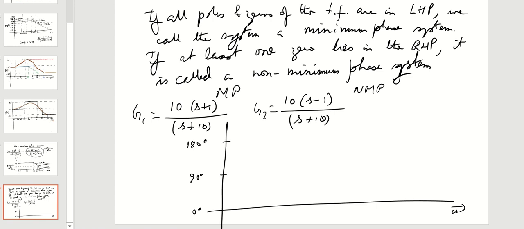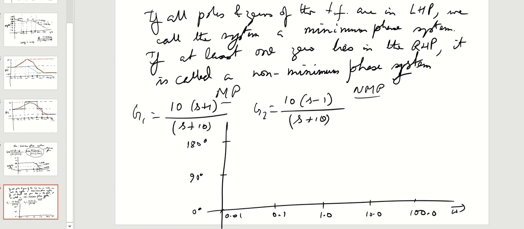What is the phase contribution at very low frequencies? So for instance, let us start with 0.01, 0.1, 1.0, 10.0, 100.0.